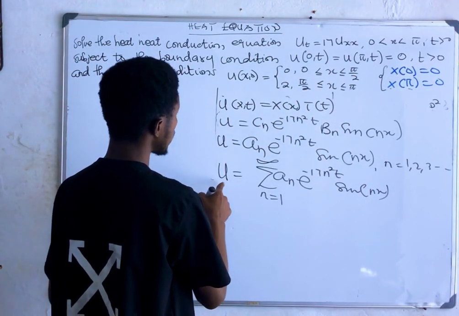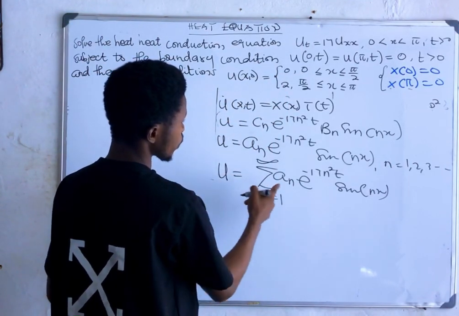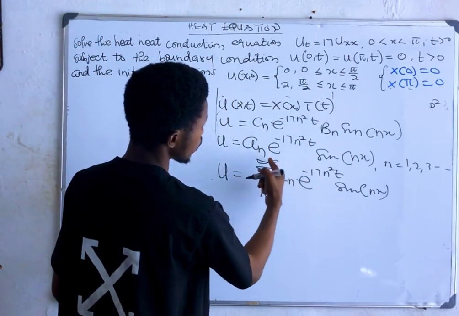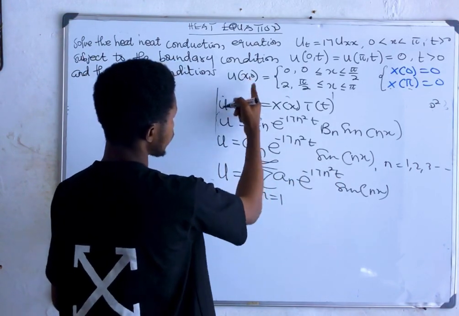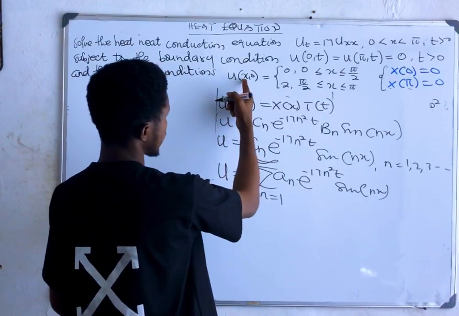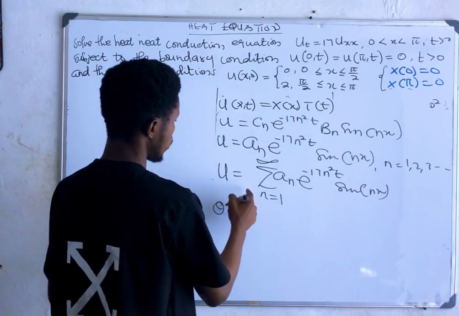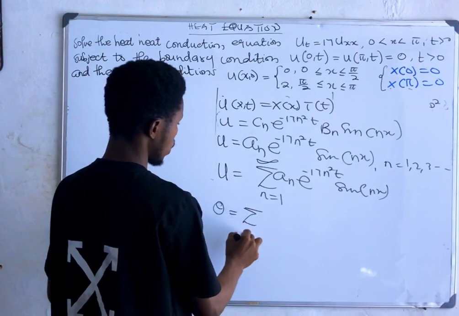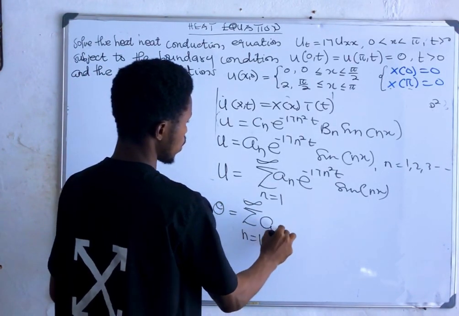What it means is that my u is 0, my t is 0, my x is x. Is that okay? So I'm going to have 0 equals summation n equals 1 to infinity an.